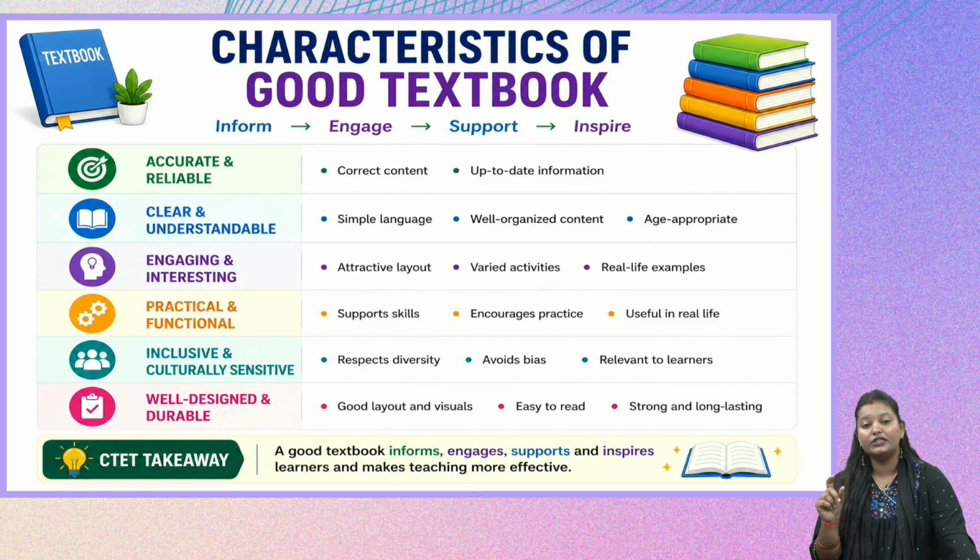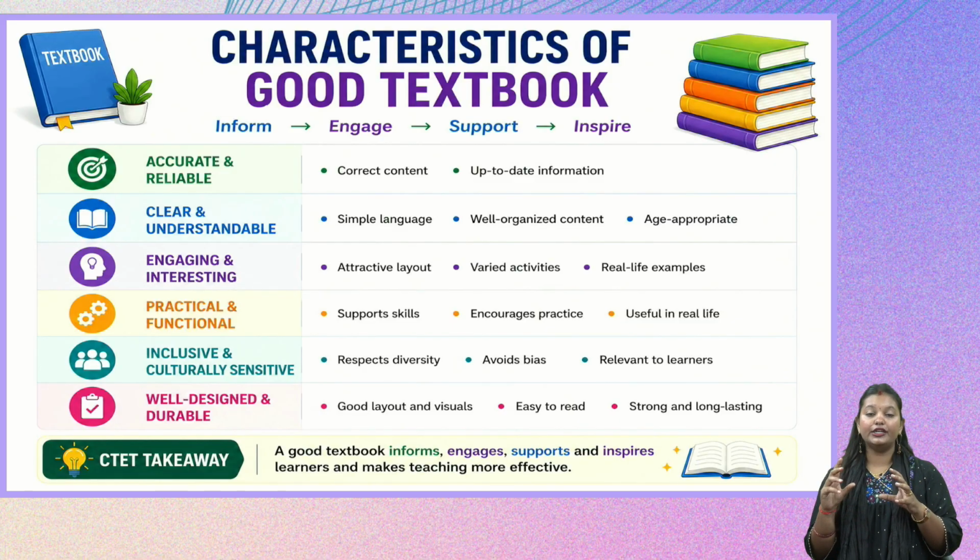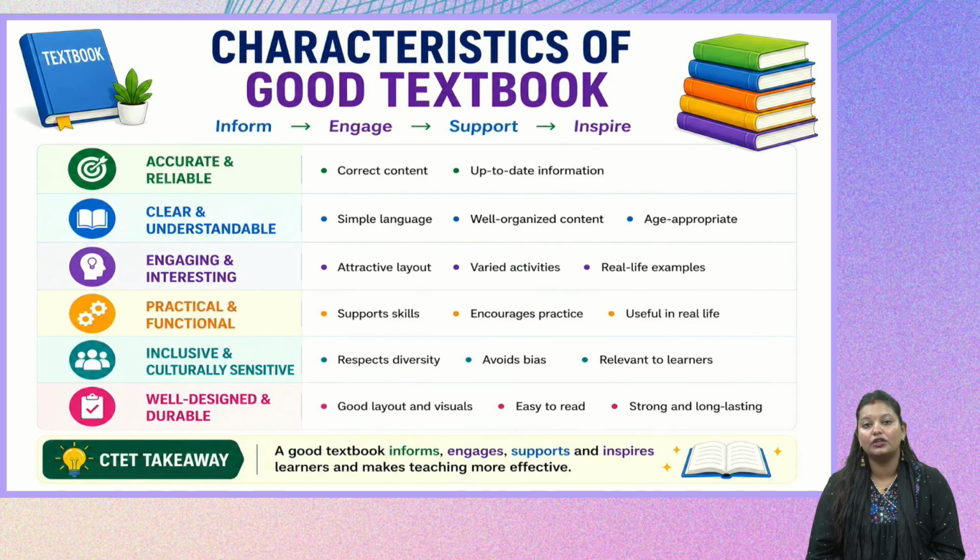The textbook needs to have correct content, it should be up to date, it should be clear and understandable because the language should be simple so that the child and the teacher both can benefit simultaneously, because a lot of the times our children are reading our textbooks while they are away from the school as well.